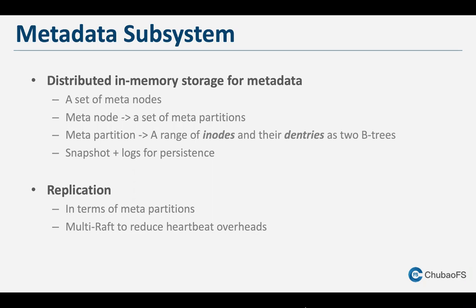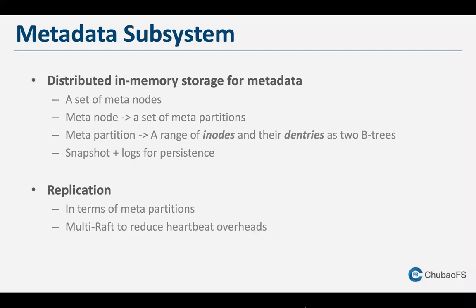When we do the replication, it is performed in terms of the meta partitions, and we use multi-raft to reduce the heartbeat overheads, because each meta node can have hundreds or thousands of meta partitions.